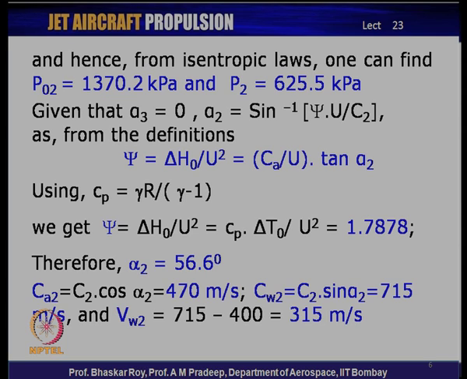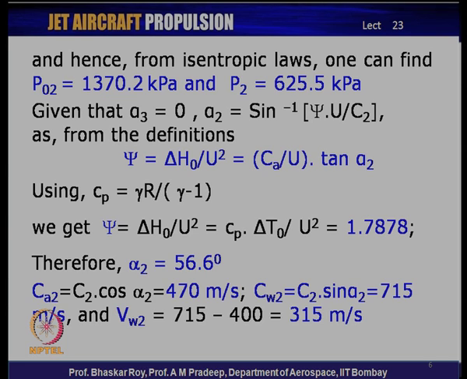This is from the definition of the work done, which we have done before, that psi is equal to the enthalpy change across the stage divided by u squared, where u is the rotating speed. So, it is used as a normalizing parameter, and this is a definition of blade loading or the stage loading, quite often used in case of turbines and also sometimes in case of compressors.